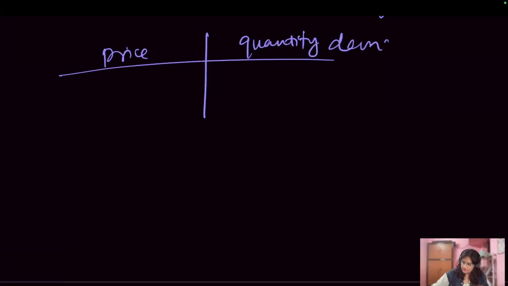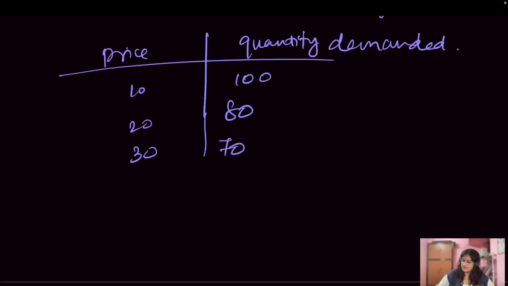So this is like price and quantity demanded. 10, 20, 30. At 10 rupees, quantity demanded is 100. At 20, it is 80, and at 30, 70. So accordingly, we will draw our demand graph or the demand curve.